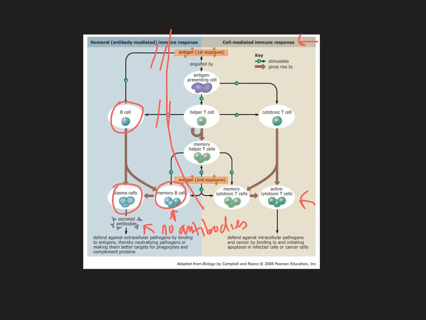You would have active natural killers. The whole non-specific immune system would be active. And so the non-specific components, macrophages, phagocytes, and then the skin would all still be active.